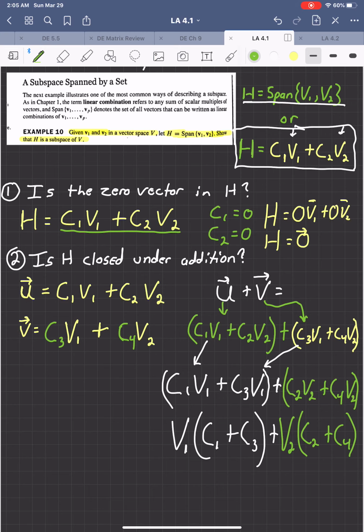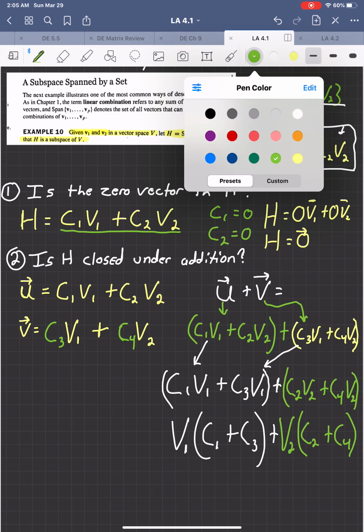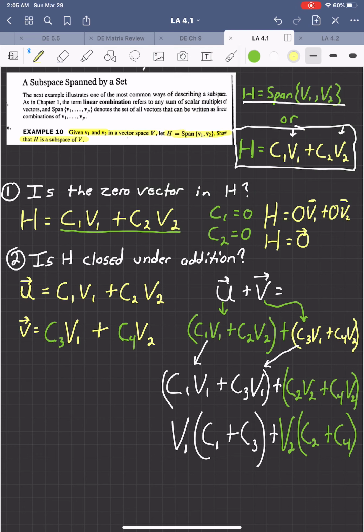And now I want you to see this little thing right here. Follow me. Look at what we have here. For H, we are allowed to have any scalar attached to v sub 1, correct? It could be a 2, a 3, 0, -3.